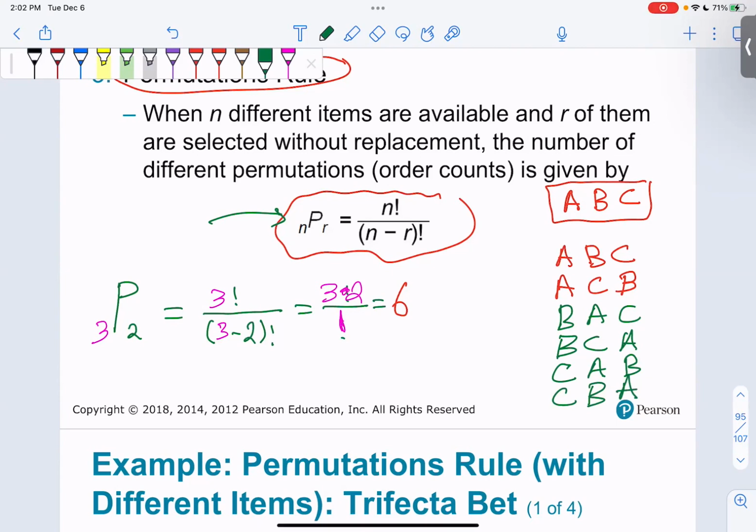How many now? Those six choices, right? So now, in how many ways can we select 2 out of 3? We have 6 different ways, which is 1, 2, 3, 4, 5, 6. And for the other one, it will be the same, but it will be 12 different ways.